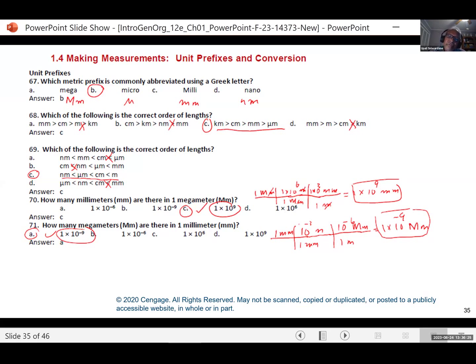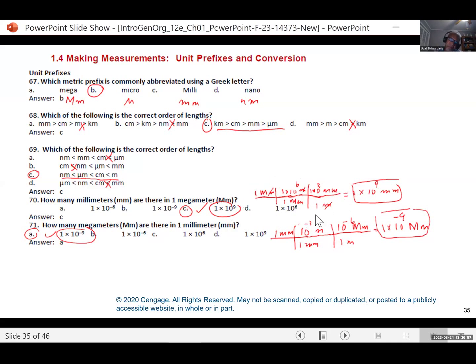Convert to meters, then meters converted to millimeters. 1 meter has 1 times 10 to the 3 millimeters. There's a 1 missing here. So the answer becomes 1 times 10 to the 9.